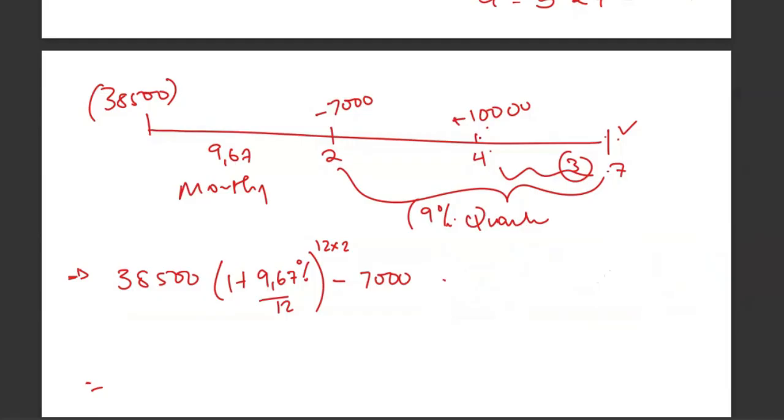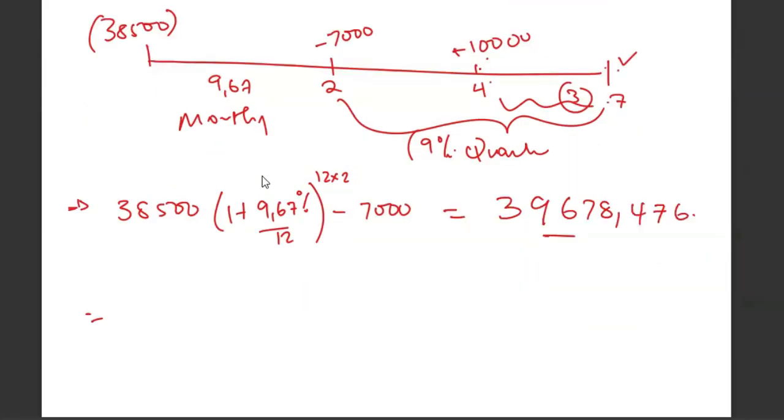So at this point, up to the subtraction of the 7,000, how much will be there? We have 39,678.476. Now this amount needs to grow for the 2 years before the... If not, let me just take it once to the 7 years, which is going to be 5.